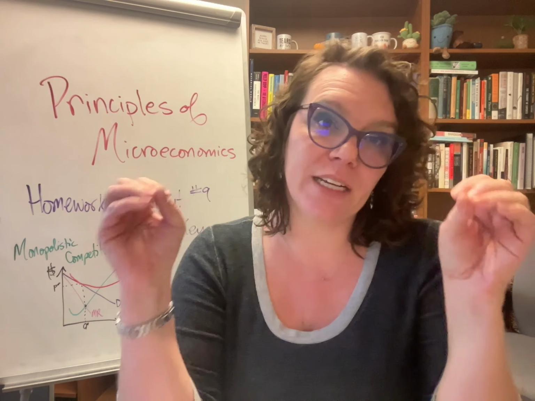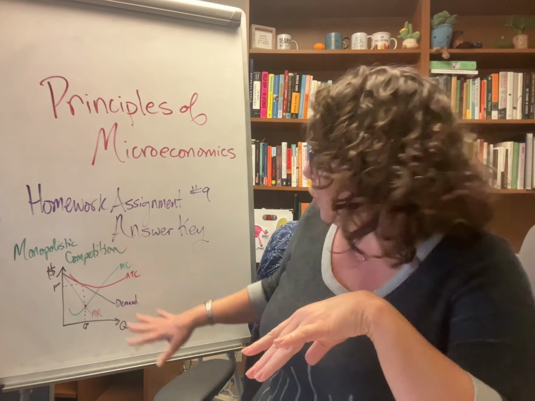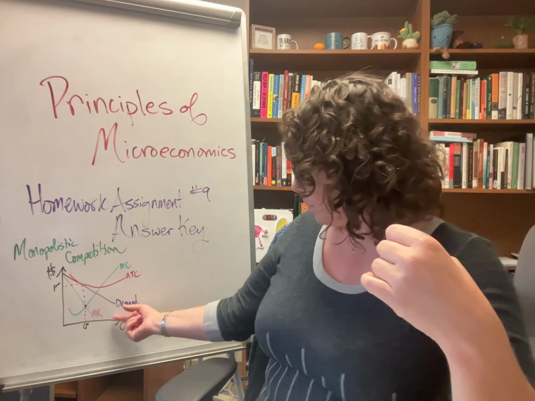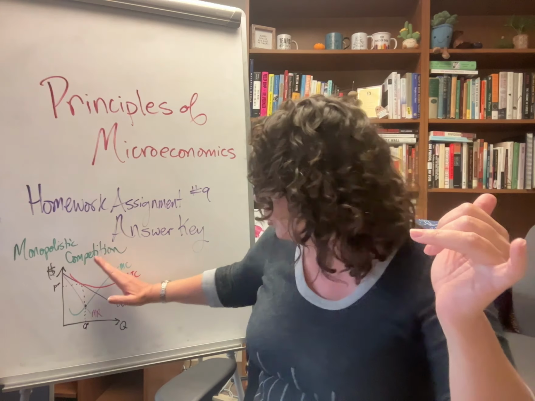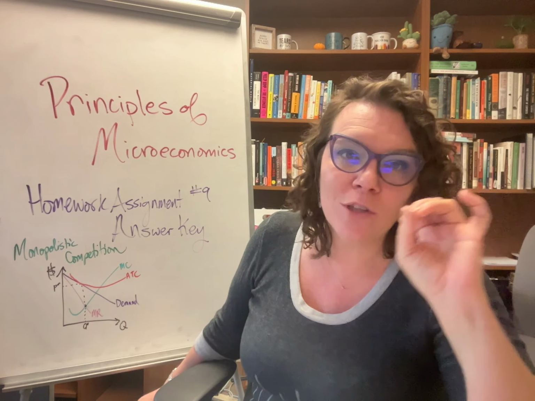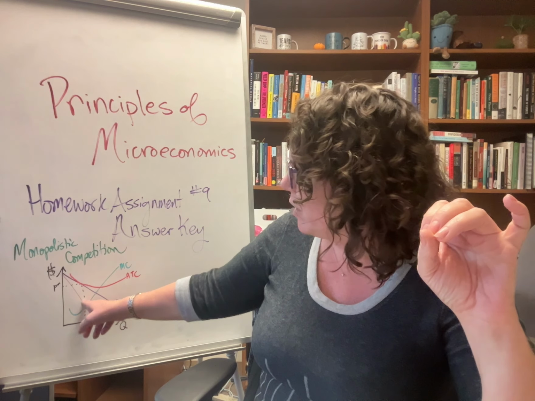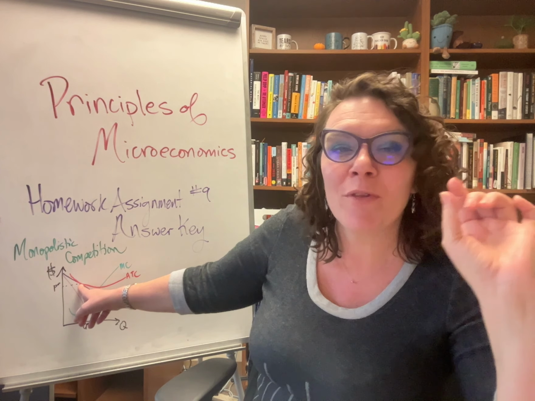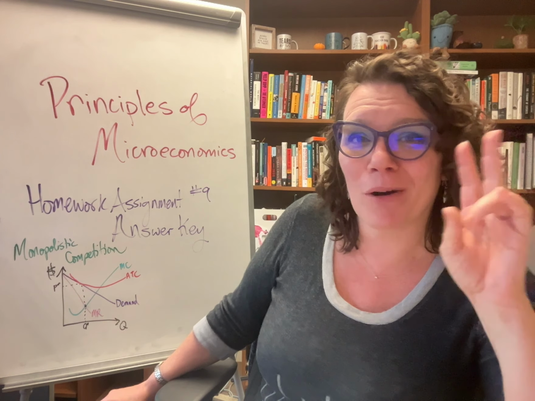Because firms can enter in the long run in a monopolistically competitive market, any market where firms are earning economic profits, we are going to see new firms enter and suck up some of the demand that the existing firms had, shifting that demand for that one firm down, lowering the marginal revenue, lowering the price until we get to a point where marginal revenue is equal to marginal cost, at a point where demand is tangent to the average total cost curve. So price equals average total cost, even though it doesn't equal marginal cost or marginal revenue.